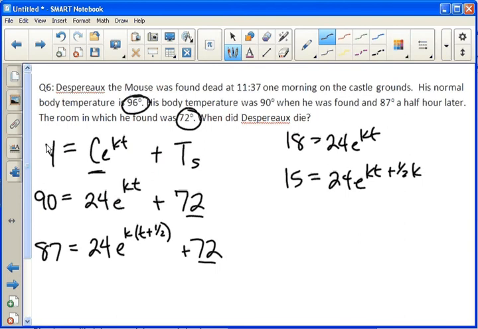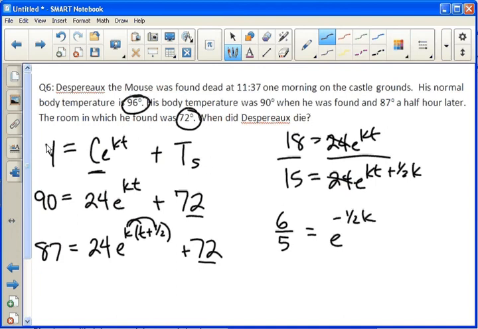I went ahead and distributed the k in. When I divide, 18 over 15 reduces to 6 over 5, the 24's cancel out, and when I divide, I subtract the exponents. So kt minus kt is 0, but then minus the 1/2 k gives you e to the negative 1/2 k.